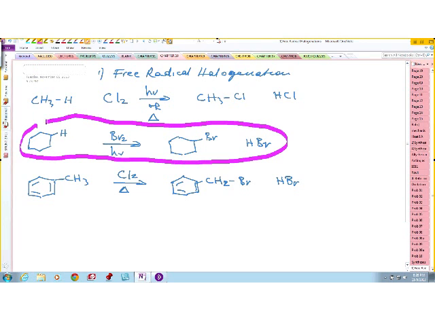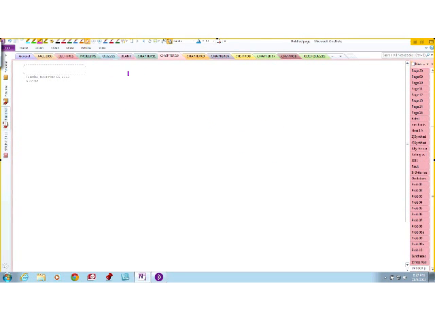Keep in mind, this is a general mechanism that applies to any of these types of reactions in which you are replacing a hydrogen attached to an sp3 carbon under free radical conditions.